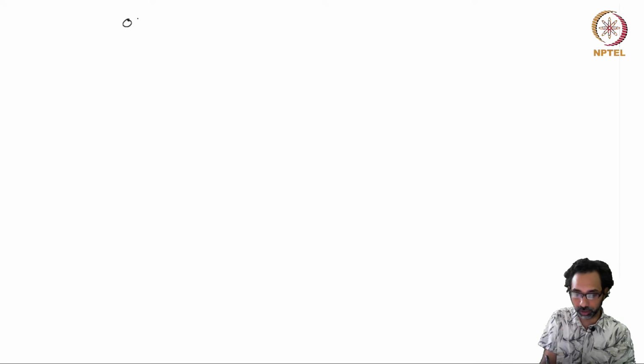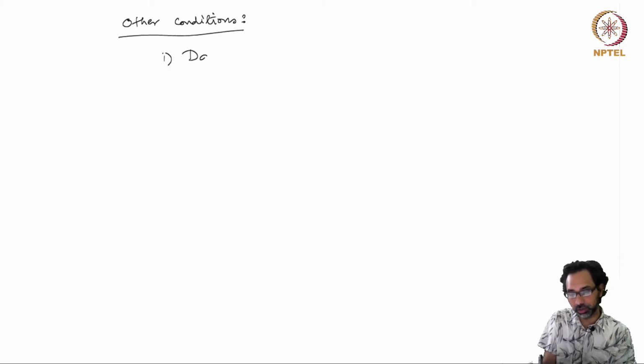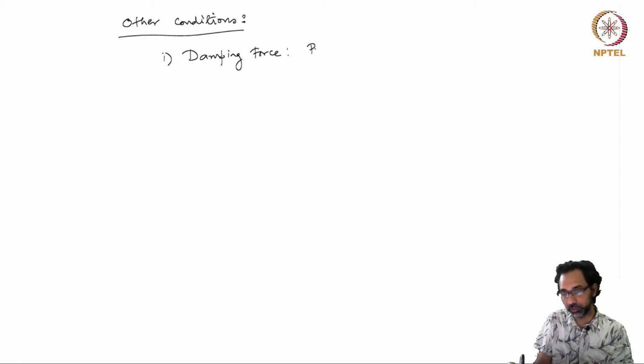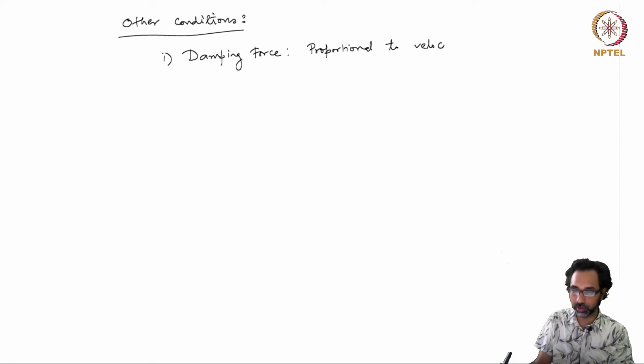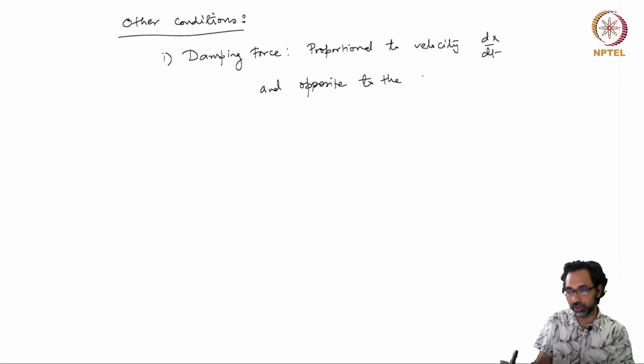So let me write down here some other conditions. The first is called damping force. This damping force is proportional to the velocity of the particle. So it is proportional to the velocity dx over dt, and it is in the direction opposite to the direction of motion.